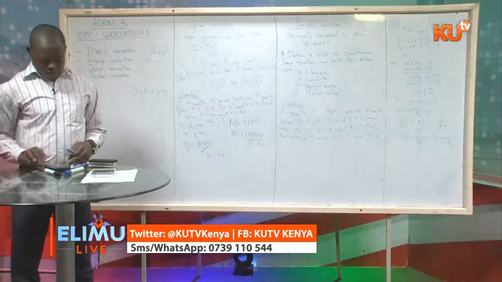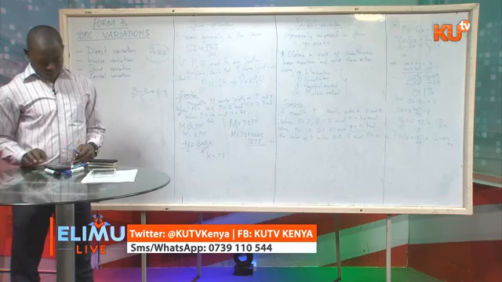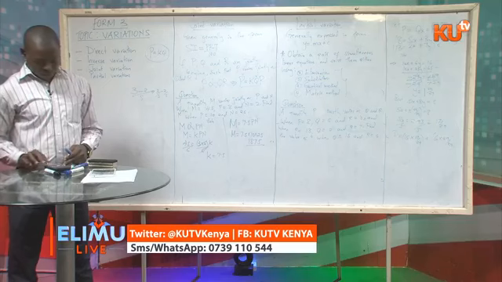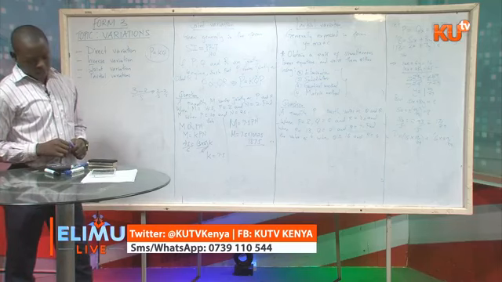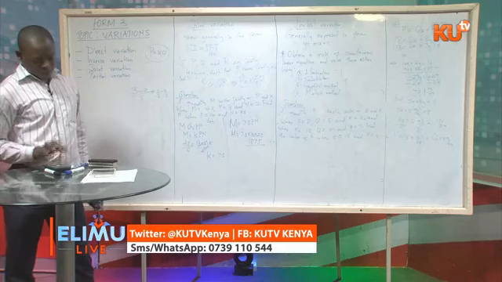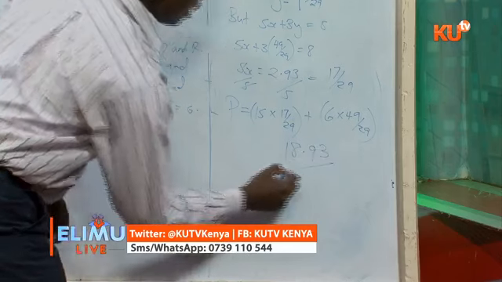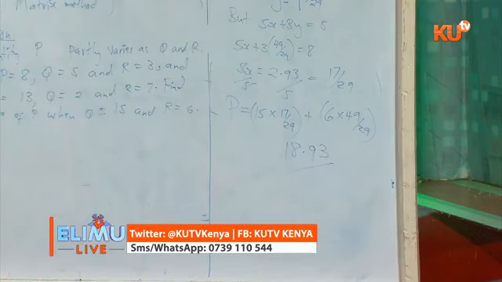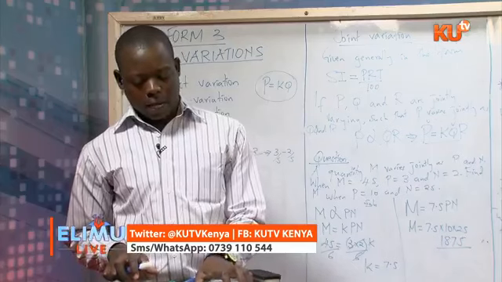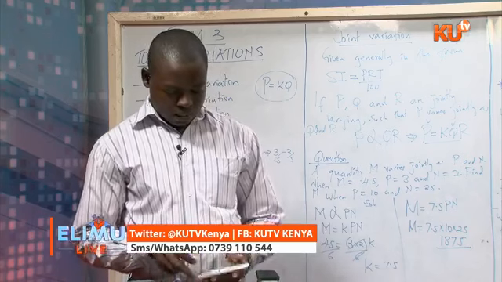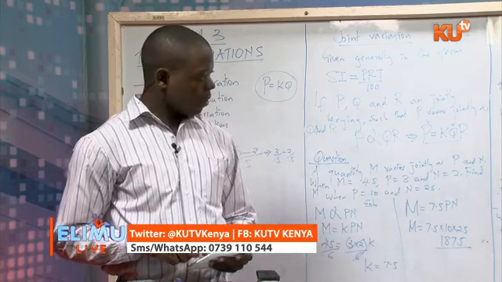If you do the substitution, multiply by 15, then add 6 times 49 over 29, that gives us 1827 over 29, which is 18.93, as the value of P when Q is 15 and R is 6.